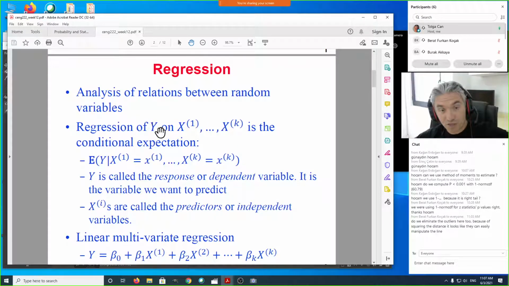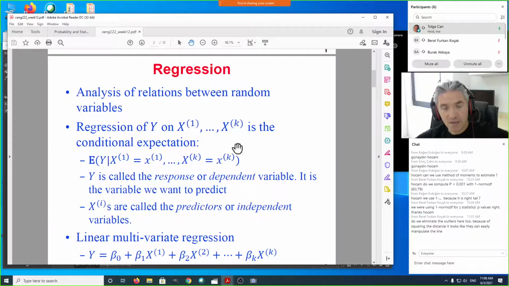And these x's are usually called predictors, and they're sometimes called independent variables. But there may be correlations between them. If that's the case, we may need to remove certain features. We may decrease the dimensionality if there is a lot of correlation between certain pairs of predictors.